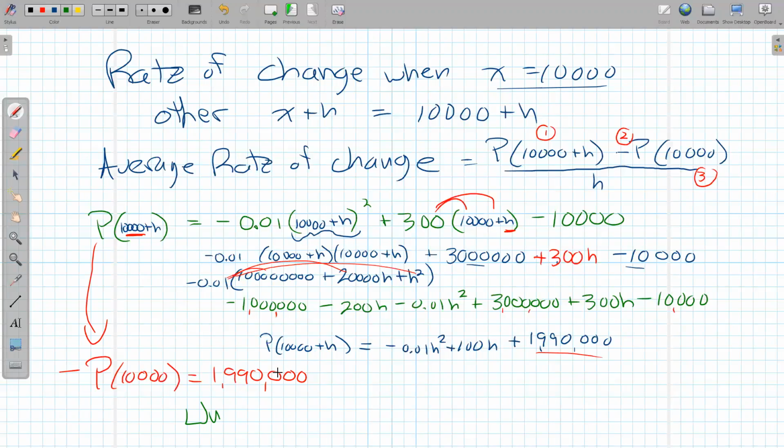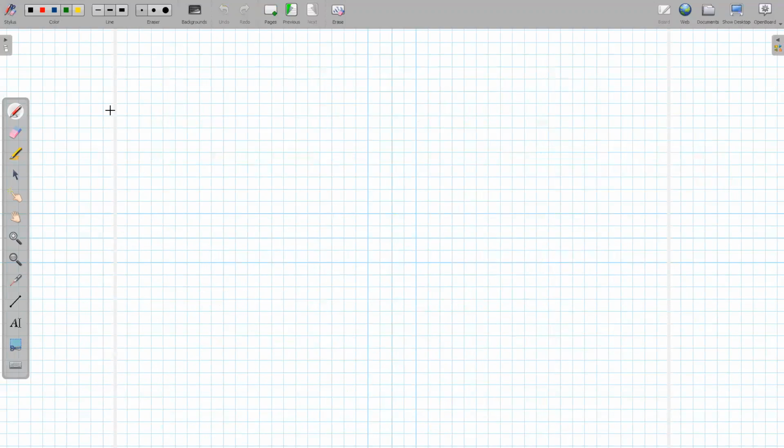Numerator is the difference of those two. So that's just going to be this remaining part there: negative 0.01h squared plus 100h. Okay, so we got step 1 done, we got step 2 done. The next step is step 3, to divide by h. So again, I'm calculating this version of the difference quotient.